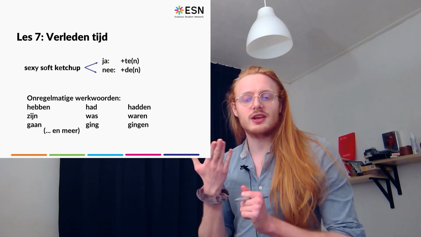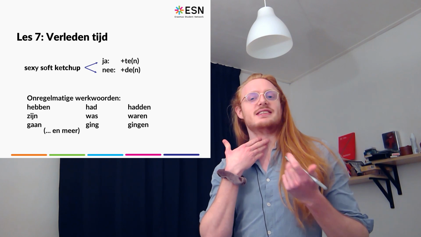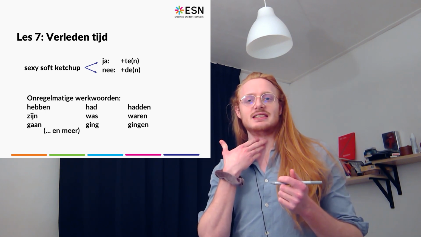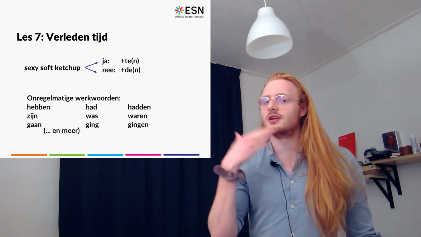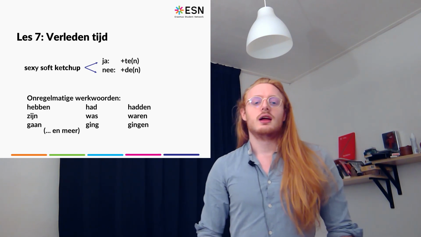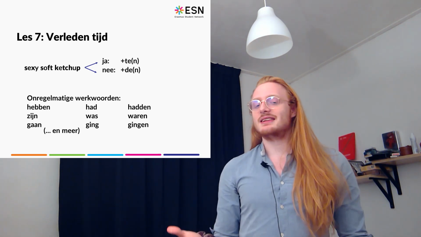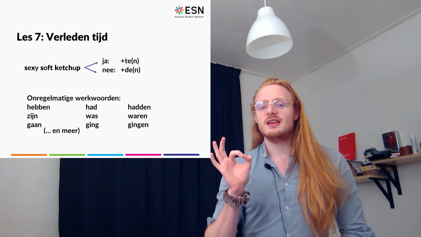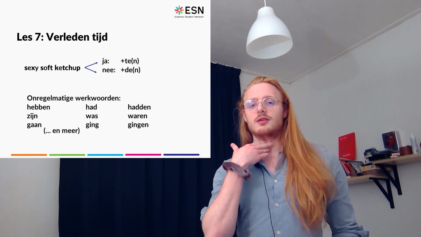The easiest way to see this is the difference between S and Z. Z, Z, S, Z. With Z, you vibrate your voice box, and with S, you do not. And so T and D are basically the same sound, but T is unvoiced, you don't vibrate your voice box, t, t.